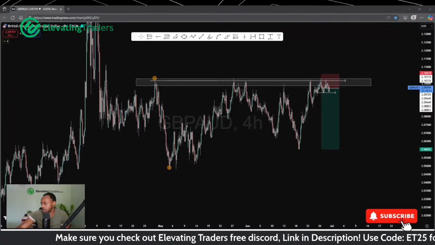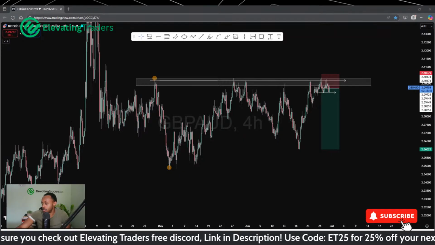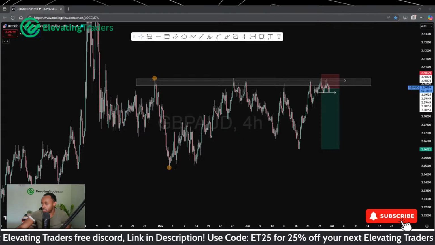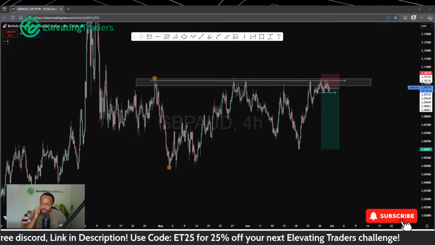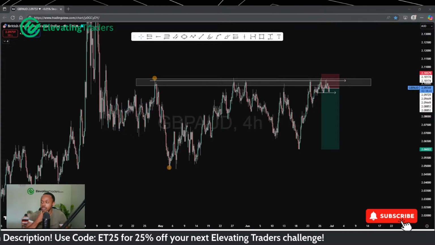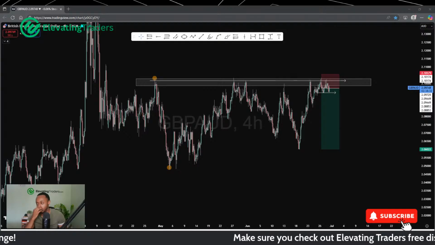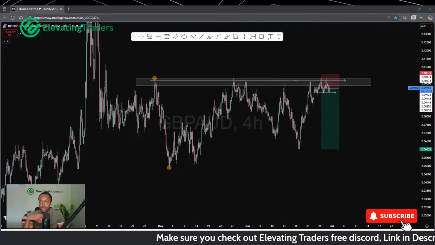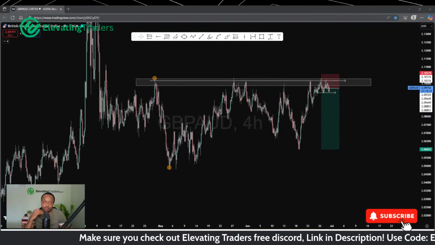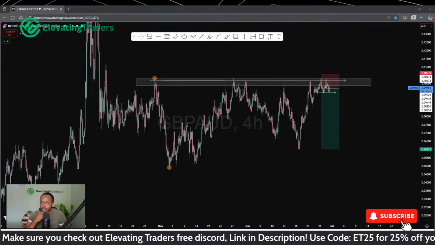Casper, what confirmation do you use apart from engulfing candles for entry confirmation? 99% of my entries are engulfing candles. Sometimes, if things are looking very good and there's a very strong wick rejection, I will go with a wick. But very, very rarely would I just take an entry based on a long wick. Majority of my entries are bullish engulfing candles.